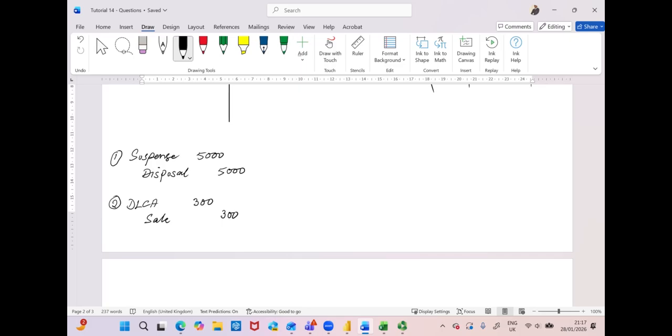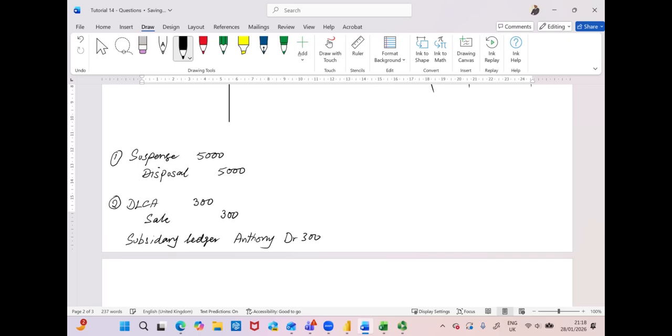Remember that we also have to update the subsidiary ledger of that customer, whose name is Anthony. So make a note over here, subsidiary ledger Anthony to be debited by £300.